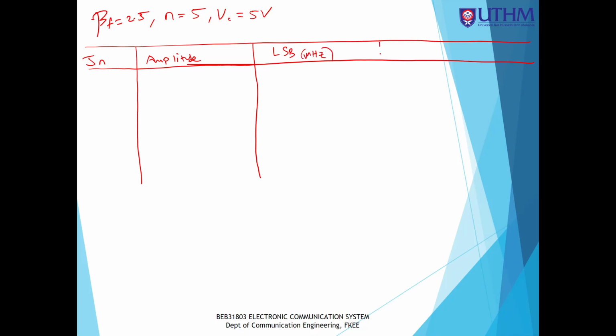We can do here USB, megahertz. Okay, so here J0, J1, J2, J3, J4, J5.